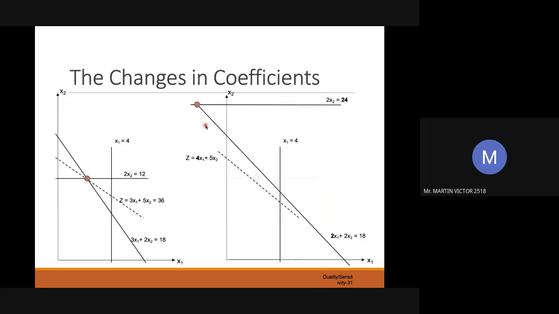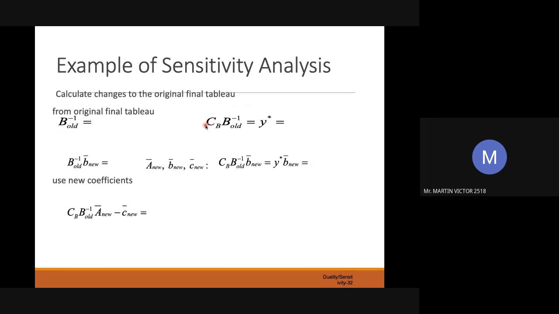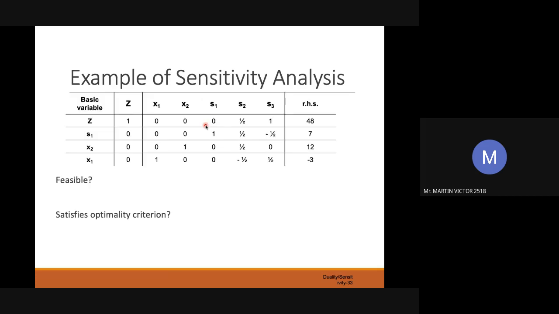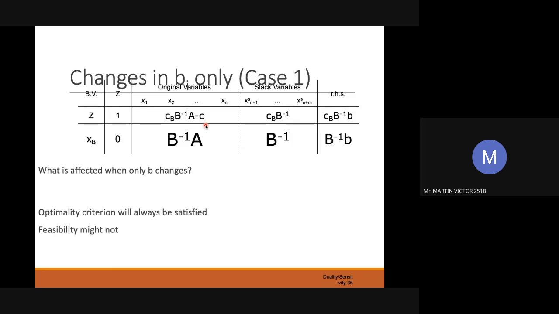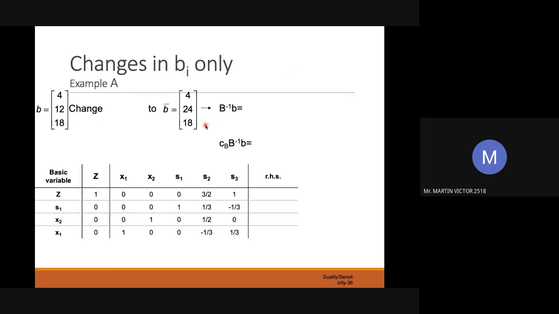Here you can see some of the impacts that take place when there is a change in the coefficient. This is done using the simplex method. I think you can remember the table that we have already constructed. The same sensitivity analysis can be done using the simplex method as well. You can have different iterations, and then we'll see that.